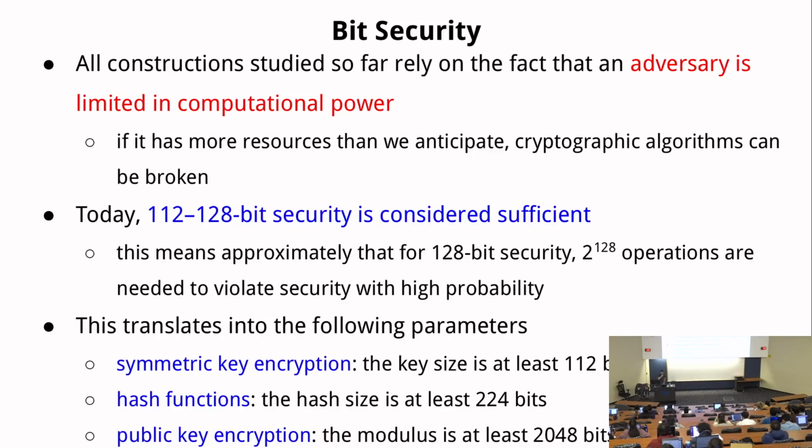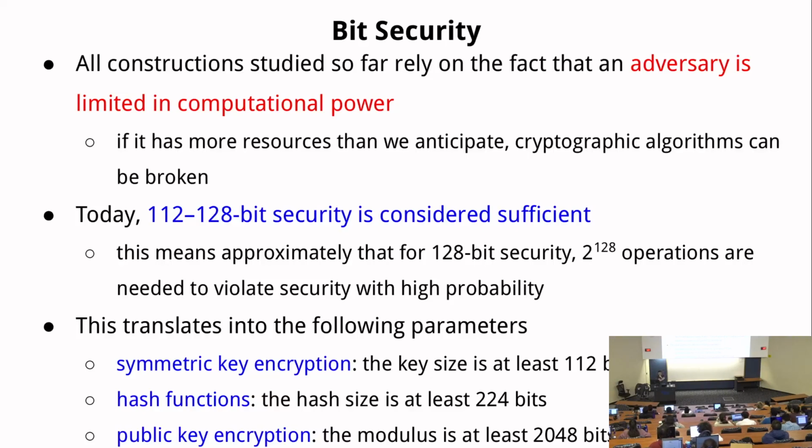Right now, today we believe that what we call 2 to the 128 bit of security is considered sufficient for the computers we have now, which means 2 to the power of 128 operations are needed to break a protocol.